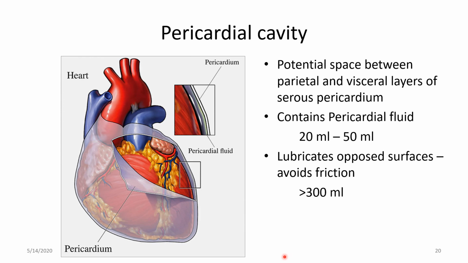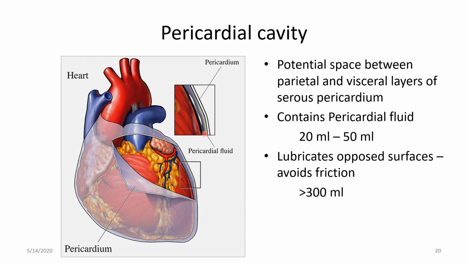Now, in this picture, you can see the pericardium and the layers of pericardium with the space between the parietal and visceral layers of pericardium, that is the pericardial cavity, that contains the pericardial fluid, which is about 20 to 50 ml, and the function of which is to lubricate the opposing surfaces, that is the parietal and visceral layers.